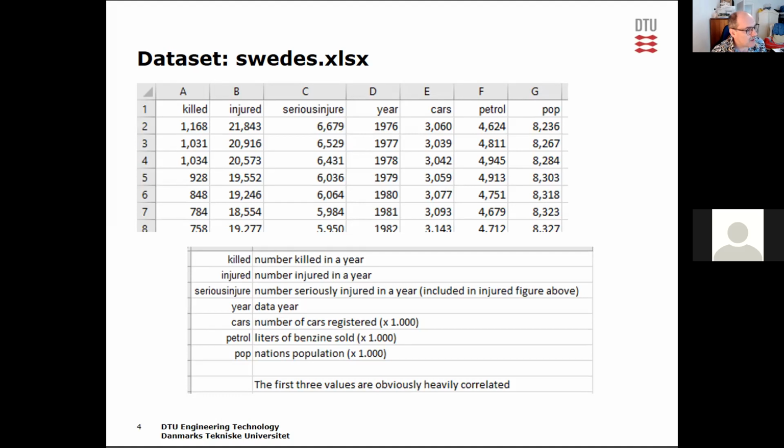And why do you think benzene? Why do you think the amount of benzene purchased is a controlling variable here in the number of accidents?